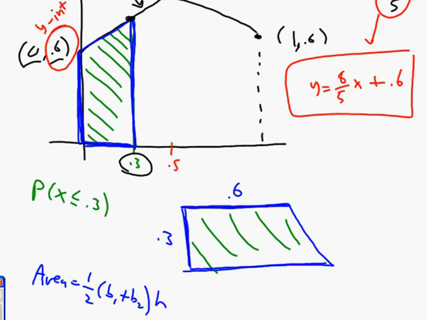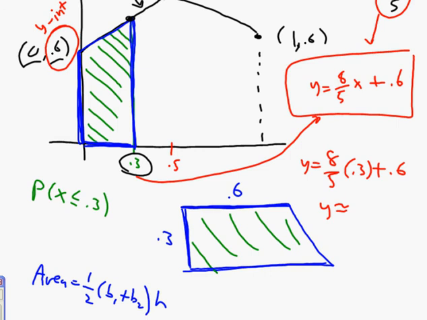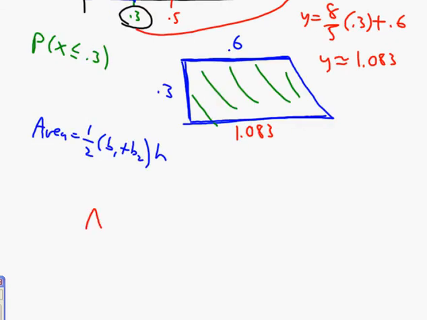So if we take x equals 0.3 now and sub it into that equation, we get y equals 8/5 times 0.3 plus 0.6. That's approximately 1.083. Okay, great. So now that can go on the base of our trapezoid, and we're ready to find our area.